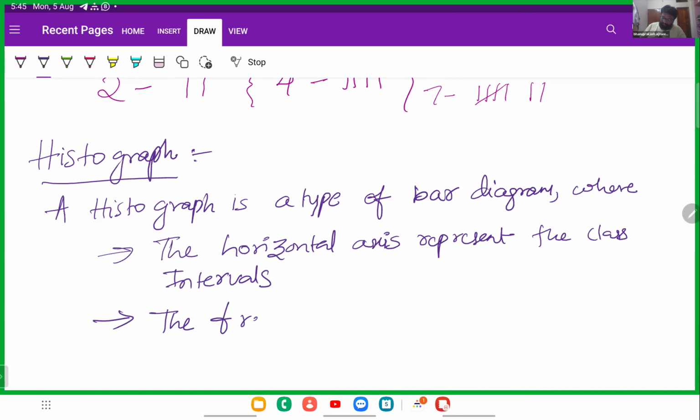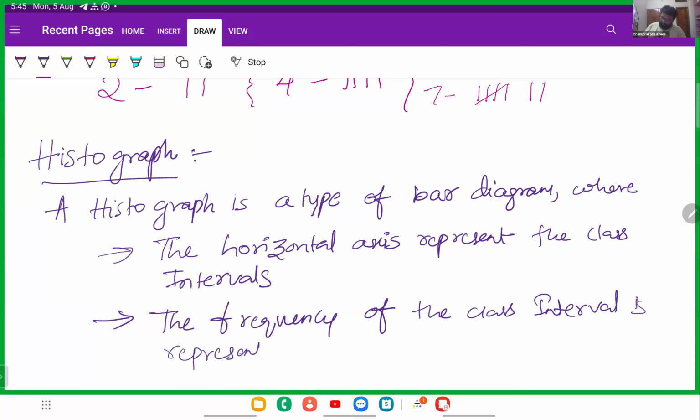The frequency of the class interval is represented by the height of the bar.